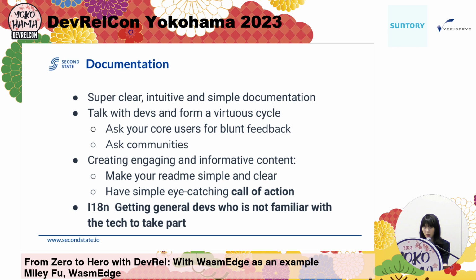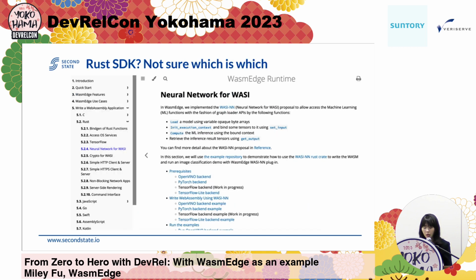And I will show you an example. This is how our documentation looked before. So for example, when a developer sees on the left Rust SDK, they might not be sure what it is talking about.